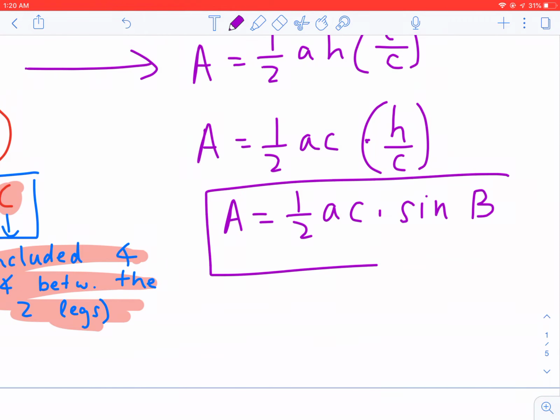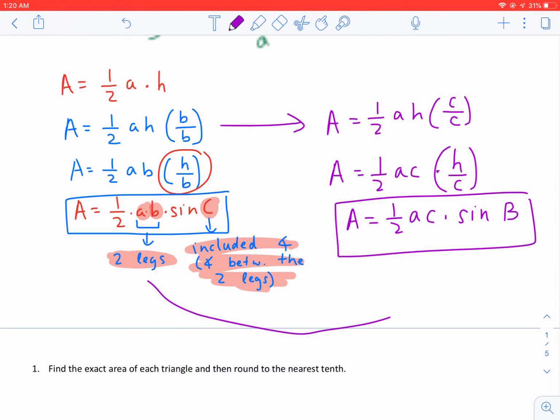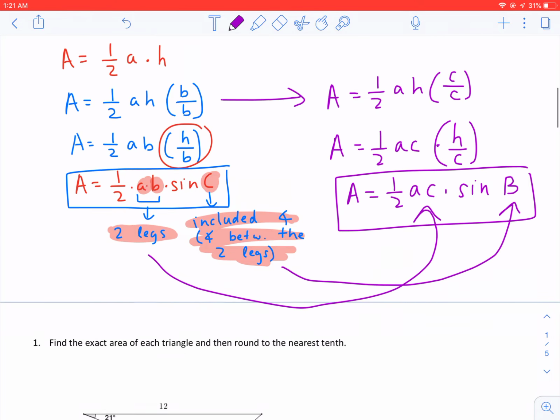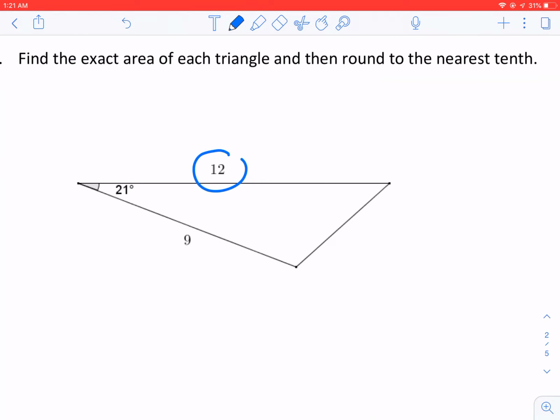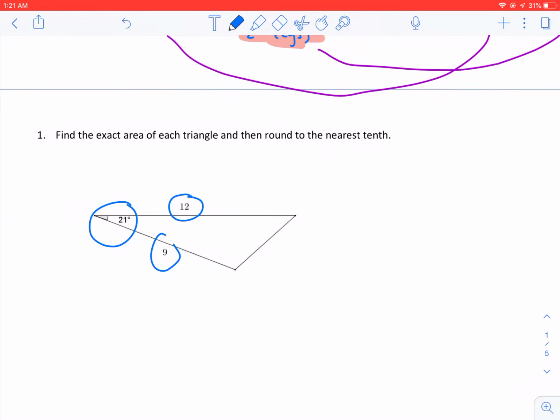So, same thing. Two legs, angle between the two legs. Alright. So, just applying this, really basic problem, but we got two legs here, and the angle included between the two legs.